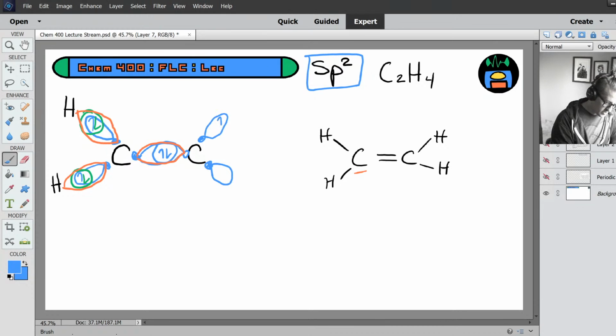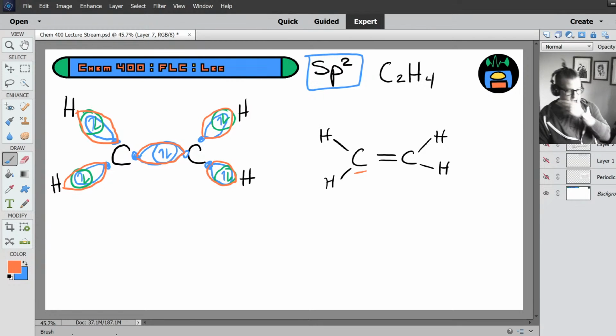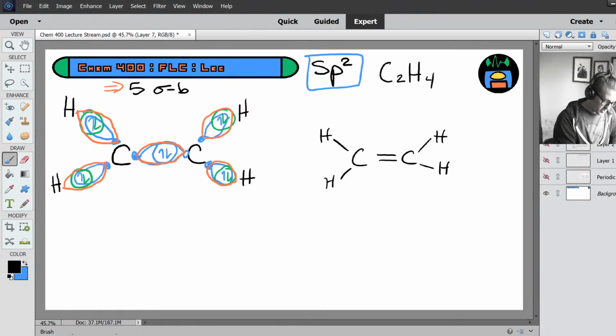It also has 1 electron in each of the other sp2 hybrids, and these are going to overlap with 1s orbitals on hydrogen to give us 2 carbon-hydrogen sigma bonds on our second carbon. All right. So at this moment, you'll notice that we have 5 sigma bonds drawn so far.